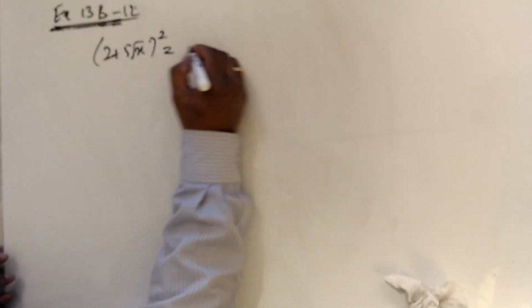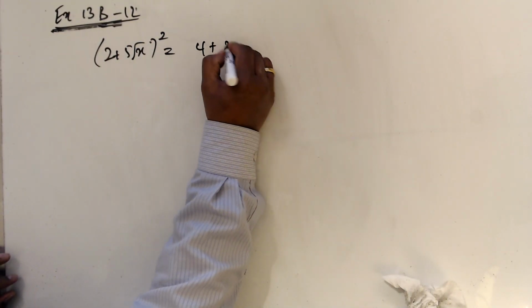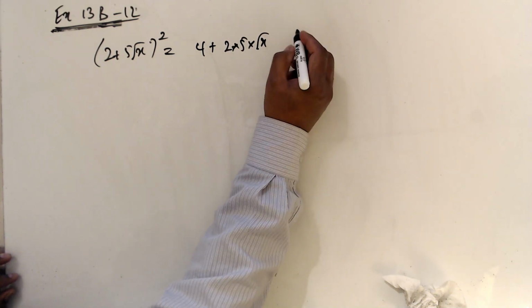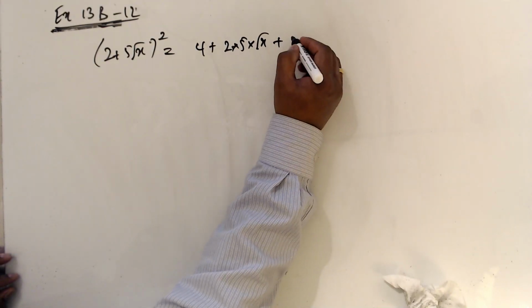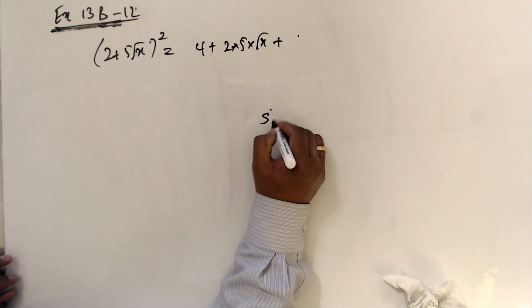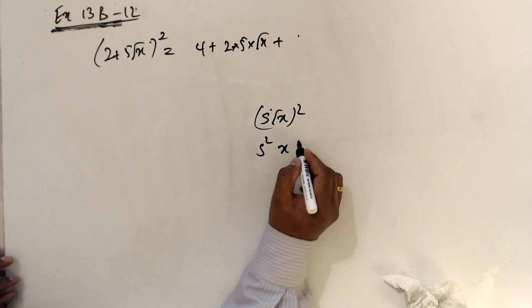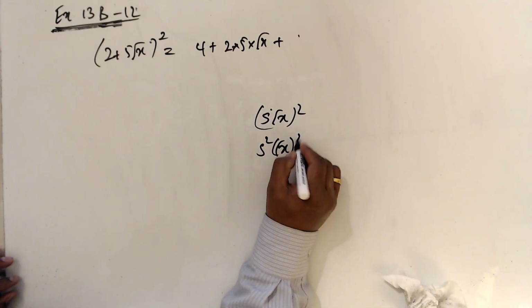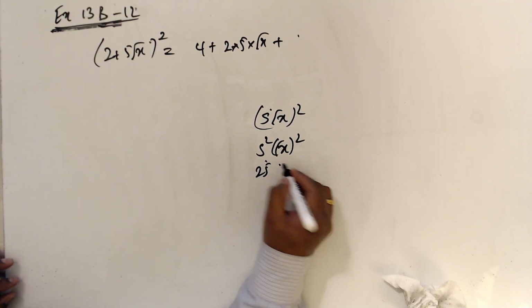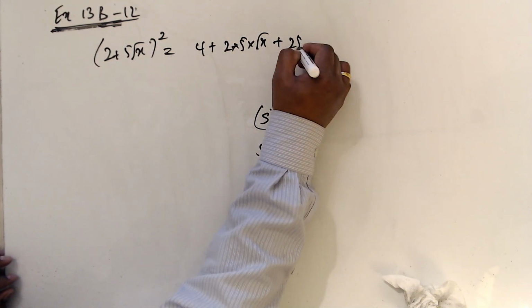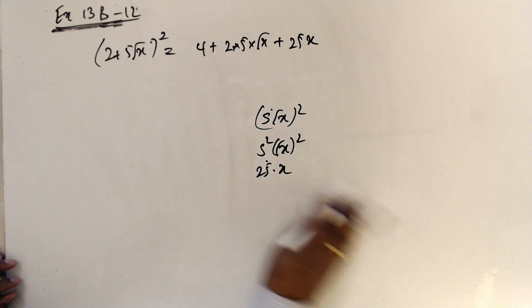Question number 12, we have to expand this one. 2 square is 4, plus 2 times 5 times square root x, plus 5 times square root x, square root x squared. So 5 square is 25, square root x square is x. So this is going to be 25x.